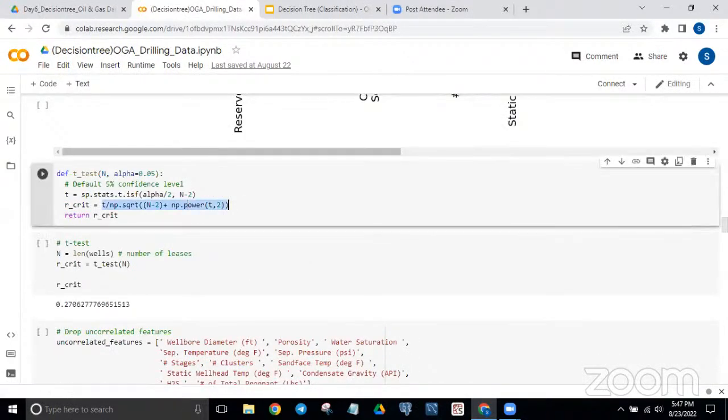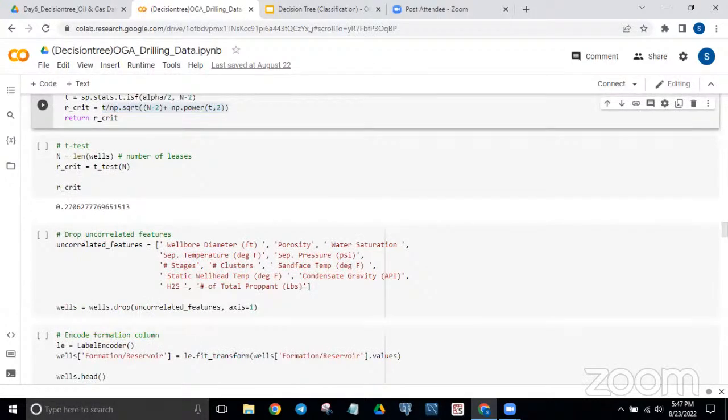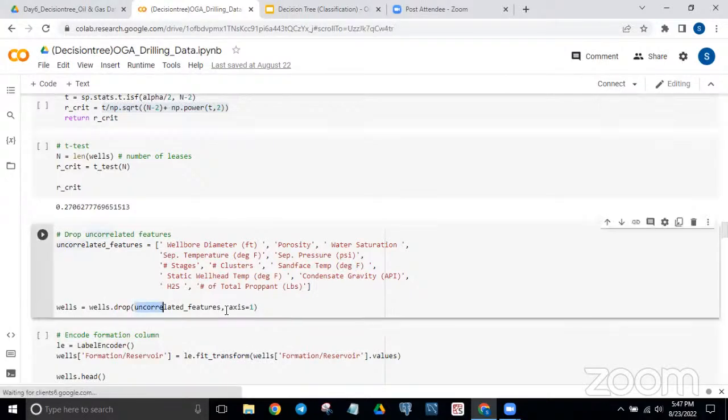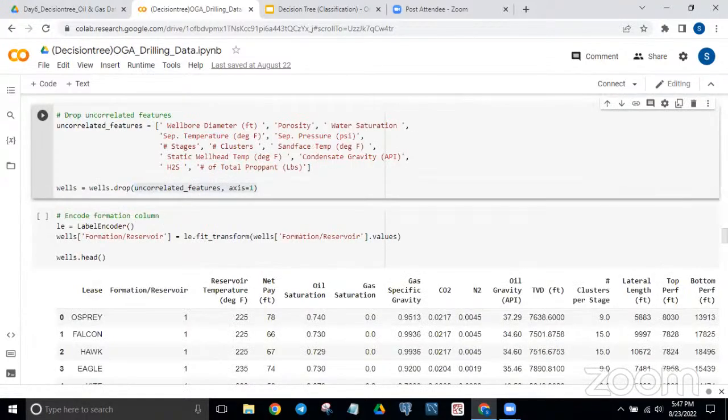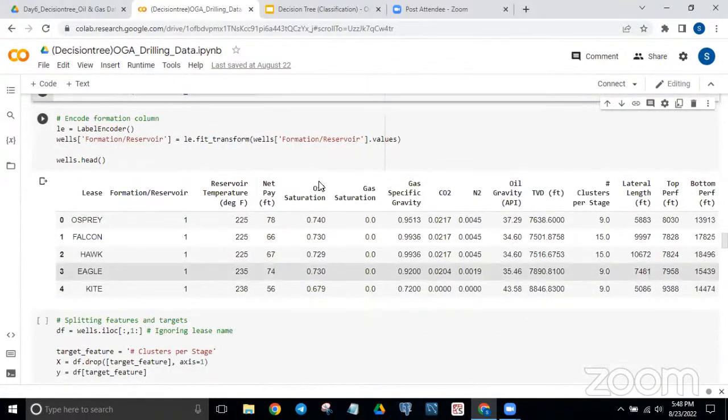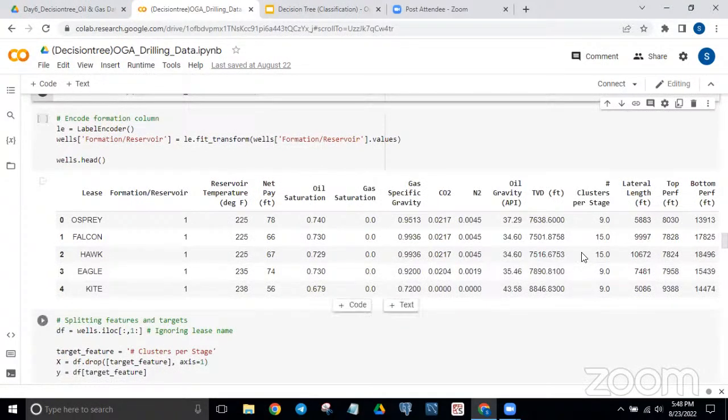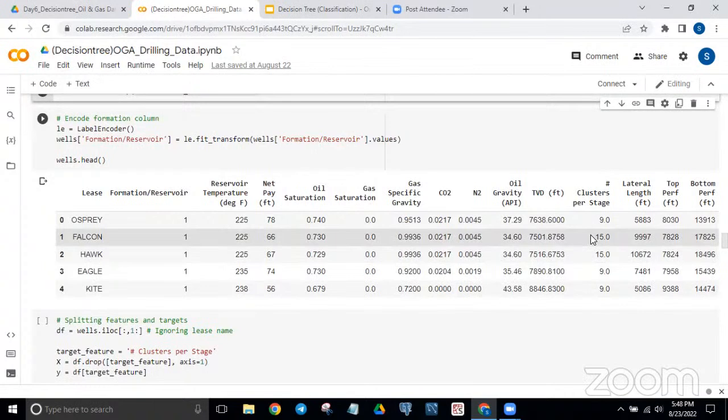If I find all these correlation values, I'm going to get the correlation between the different variables. What I'm trying to do is remove the values that have very little correlation. So this will be my data after removal of the uncorrelated variables that are present in my data set.